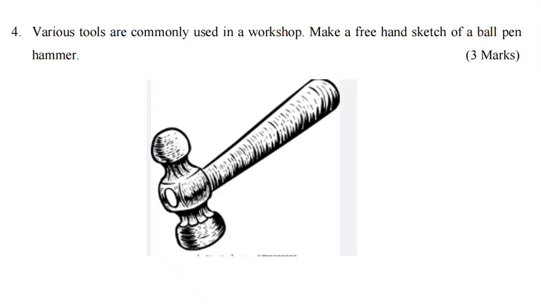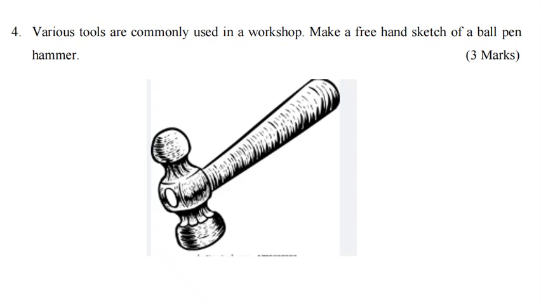Question number 4, various tools are commonly used in a workshop. Make a freehand sketch of a ball peen hammer, and the ball peen hammer is given. Here what you need to do is make sure you have proportionality. If the head of the hammer is small, then the handle should be proportional to the head.